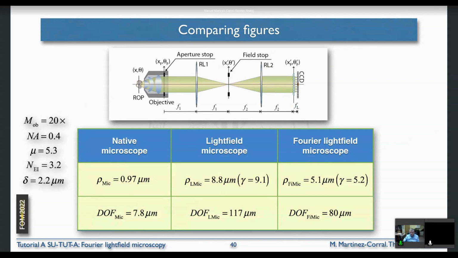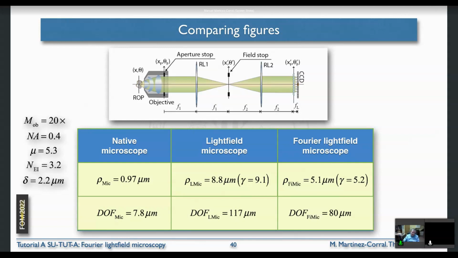So you can see that when you compare the depth of field, you cannot compare these numbers directly, because this is the depth of field for this resolution, and this is the depth of field for this resolution, and this for this. So if I wanted to find the depth of field for this resolution, we would have a much longer one. So these are the numbers we can compare.